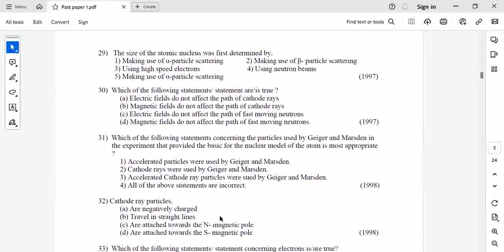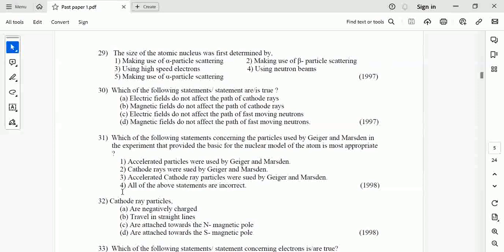Question 31. Geiger and Marsden. Accelerated particles were used. Yes, alpha accelerated particles were used. A is true. So this should be A, B, C, D, not 1, 2, 3, 4.